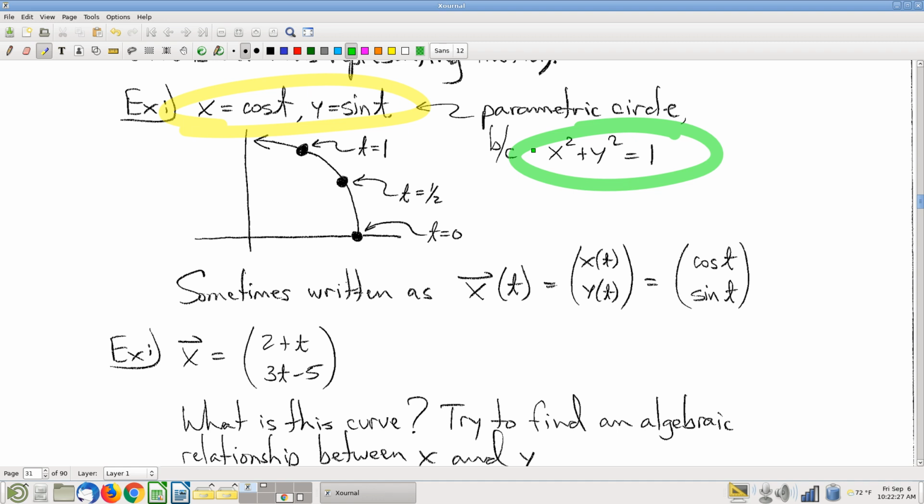Now, it's not because this is better algebra and this is worse algebra. That's not the case. It's just that they're different, and this one happens to be more familiar. So this is a familiar bit of algebra that in its way describes a circle. But this also describes the circle, just in a different and less familiar way.